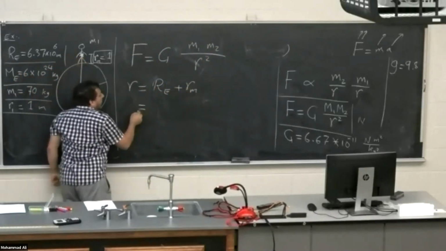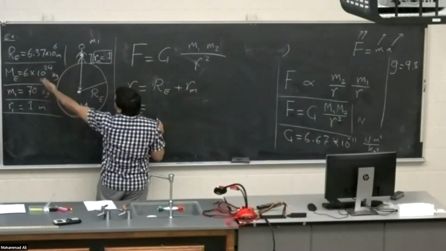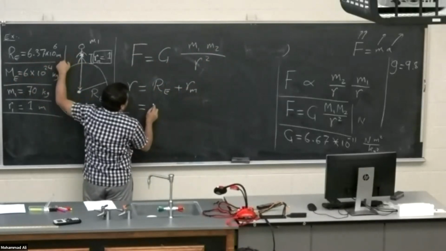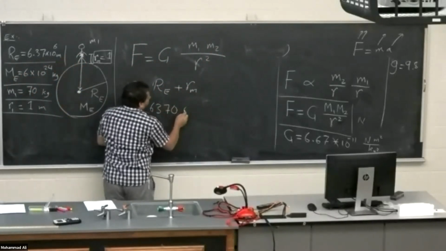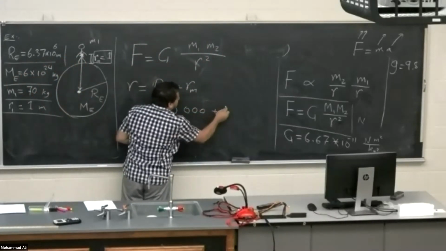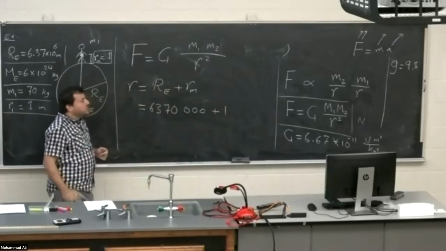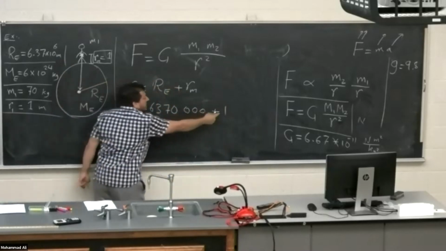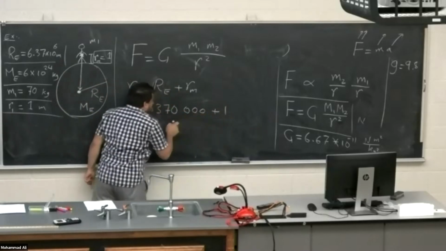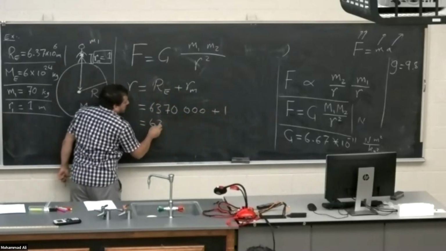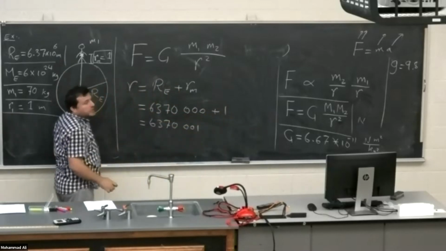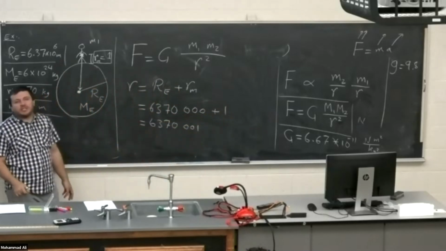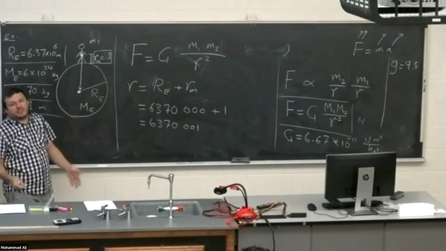The radius of Earth is 6 million meters, which is 6,371,123, plus 1. So we can put the 1 added here. But it is not logical to keep this 1 in our calculations. It will not affect.